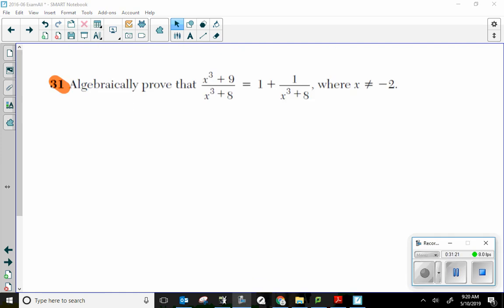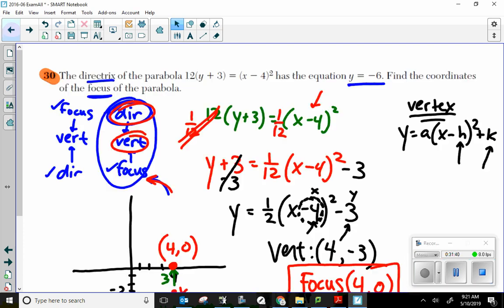Number 31. All right. Let's take a look at number 31, and let's not overcomplicate it, okay? All these 2-point problems, okay? This you might have struggled with because of vertex form of a parabola. I get that, okay? I'll give you that one.